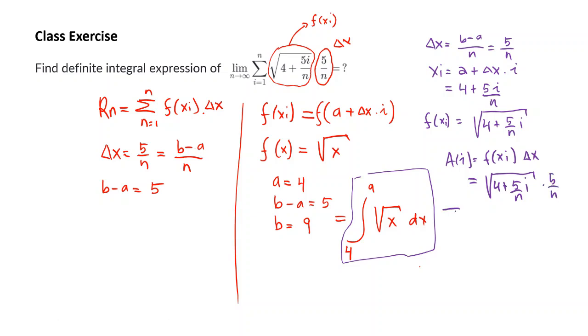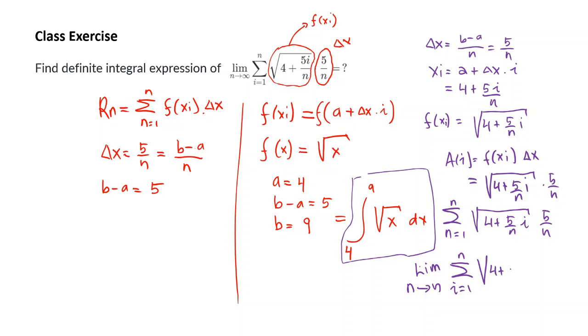Then the limit as n approaches infinity of sigma i equal to 1 until n of the square root of 4 plus 5 over n i times 5 over n.